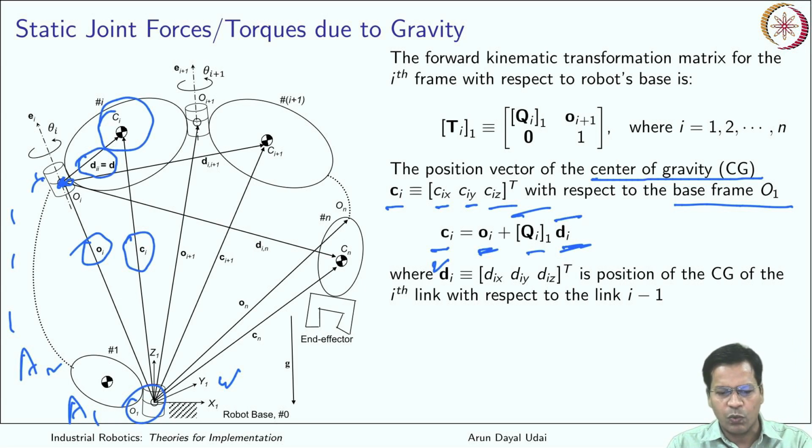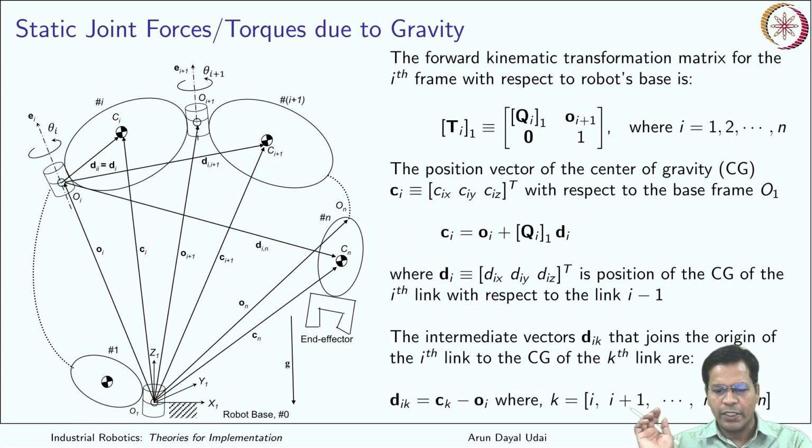So that is Qi. It gives you the orientation of the ith frame with respect to frame 1. Okay, so di is now transferred to frame 1. Now this di is in frame 1, Oi is this one, and Ci is the vector which is here. So this is this vector. Got it? So that is giving you the location of the center of gravity of the ith link with respect to the first frame, which is here.